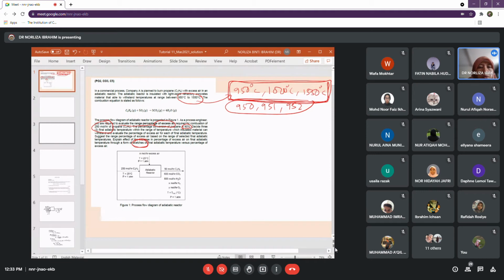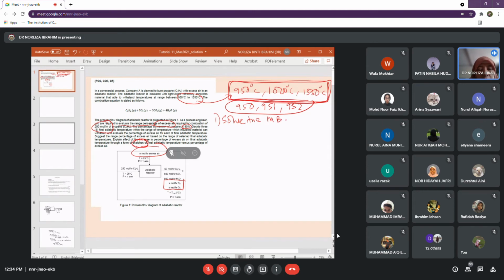The drawing is there. The unknowns are the flow rate of the air, and the flow rates of the nitrogen and oxygen. So first thing to do is you have to recall our energy balance for reactive systems. The first thing to do is solve the material balance.